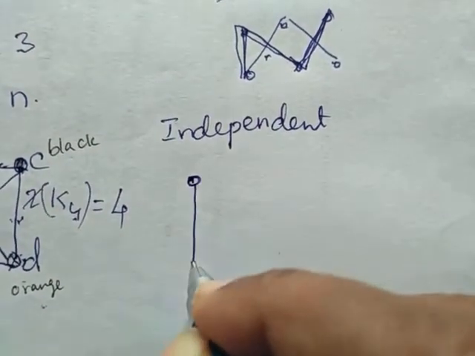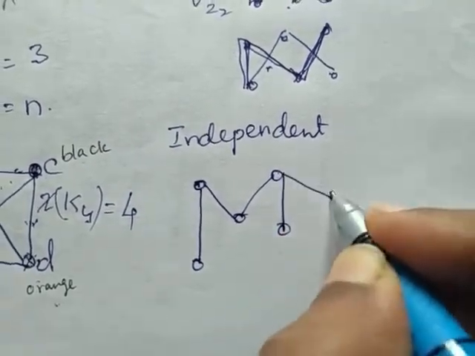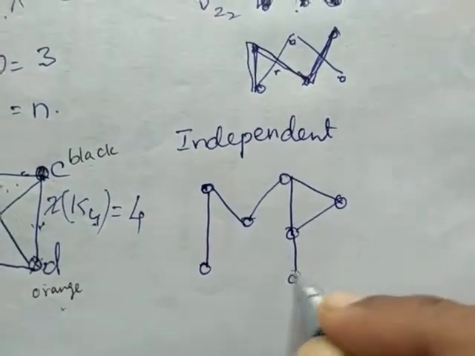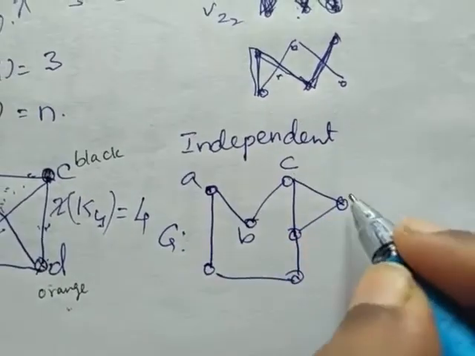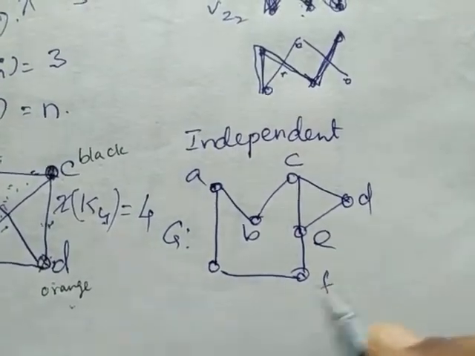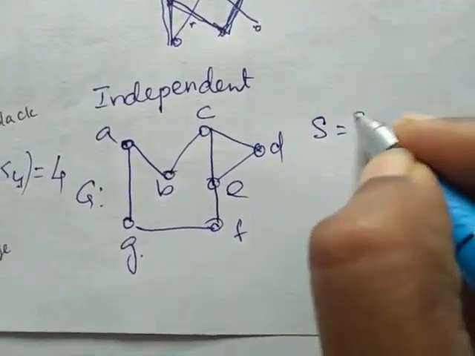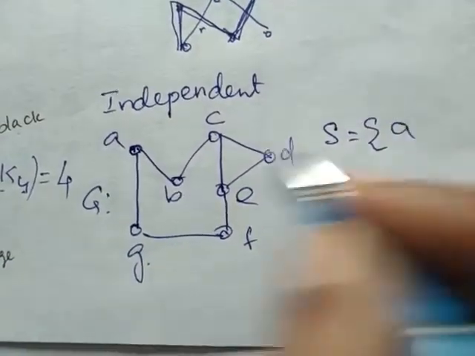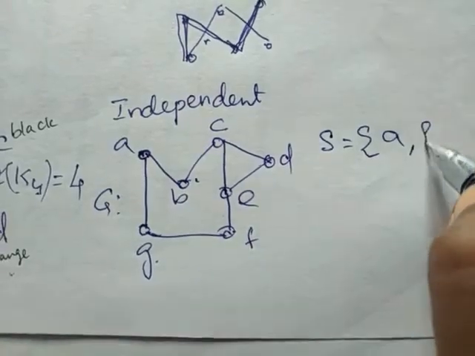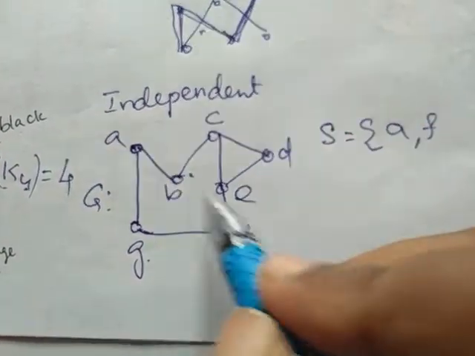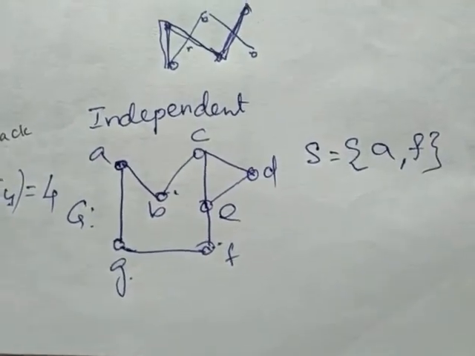If I consider a graph, say G, and this is our graph, consider a set S. I'll take A; B is adjacent, G is adjacent, so I'll take it as F. So S is an independent set.